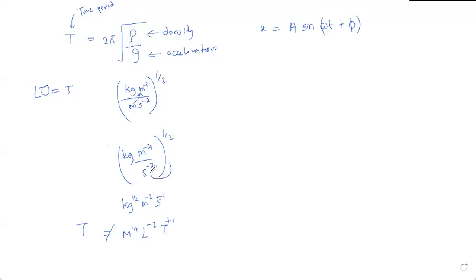Here it's t plus 1 because s comes up, no? It becomes plus. We have to find dimensions of theta. Theta is this, t is time, omega is angular velocity.